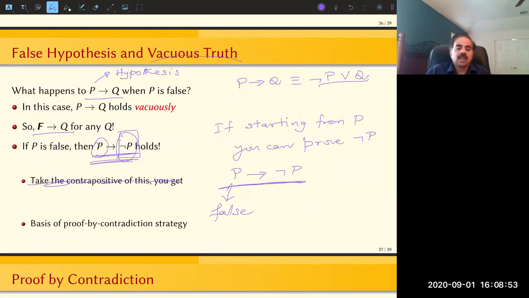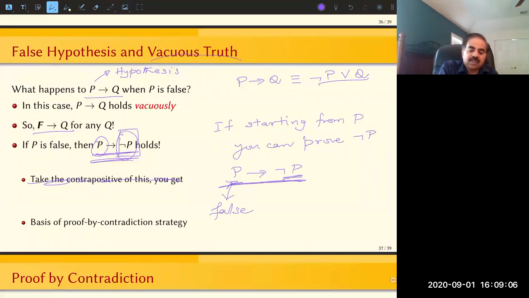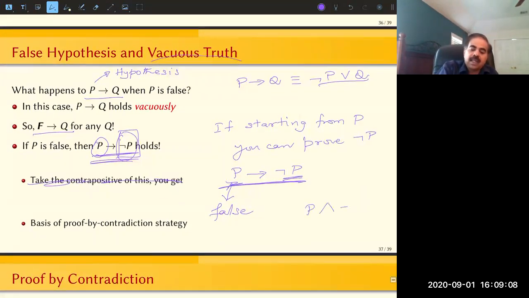This is called arriving at a contradiction. That is, you start from P and you prove not P. Remember, a contradiction is nothing but something that's always false. So P and not P is a contradiction.